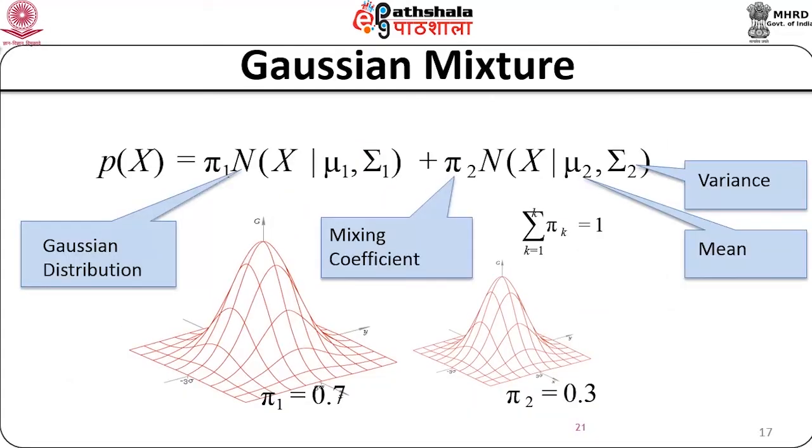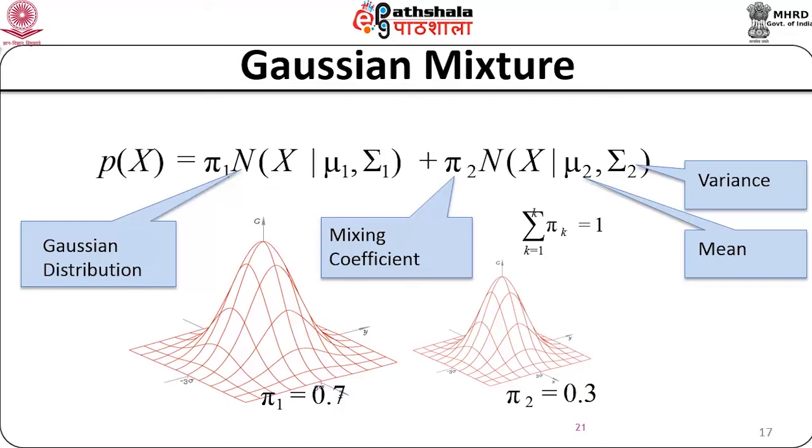So, this is a Gaussian mixture. You have the pi, you can see pi 1 equal to 0.7 and pi 2 equal to 0.3. You have the variance, you have the mean and you have the mixing coefficient. So, you have 2 Gaussian distributions, which have 2 different means and 2 different variances. Any Gaussian distribution has a mean and a variance, and you also have a mixing coefficient of 0.7 and 0.3.